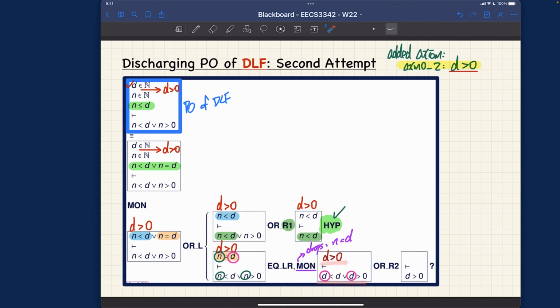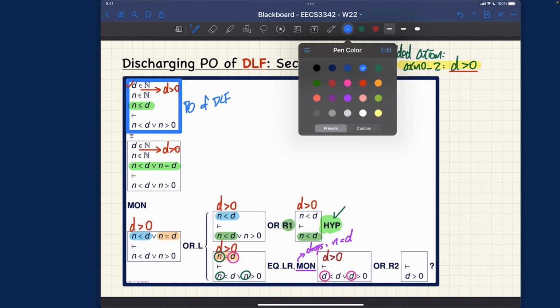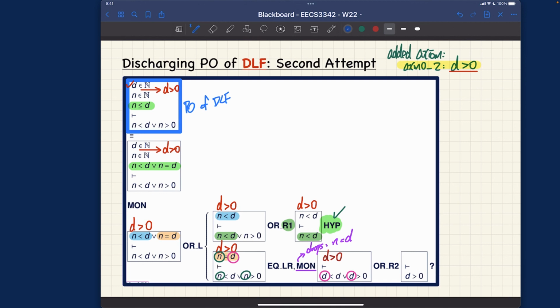But now the question is, can we now apply the hypothesis rule? Can we? Let me just write it down over here. If you recall, the hypothesis rule, which is so useful for our deadlock freedom proof. If I have a sequence like this, some hypothesis, and then another one, and then turnstile P, right? In that case, by the hypothesis rule, I should be able to prove it automatically without any further justification.